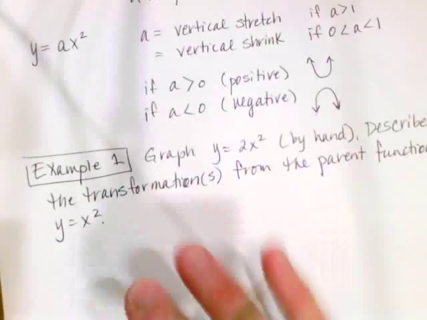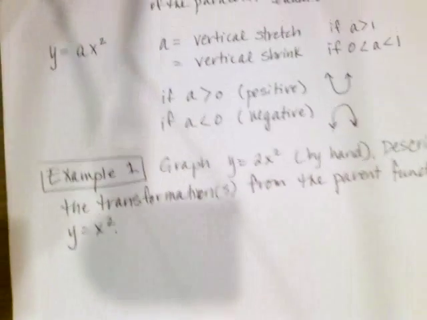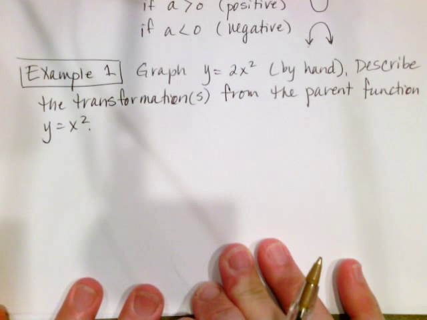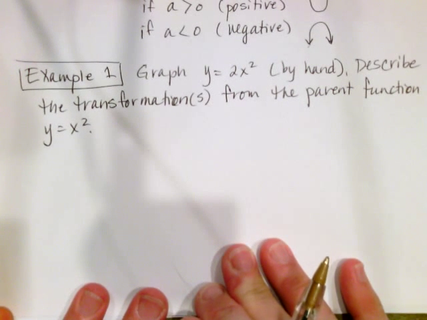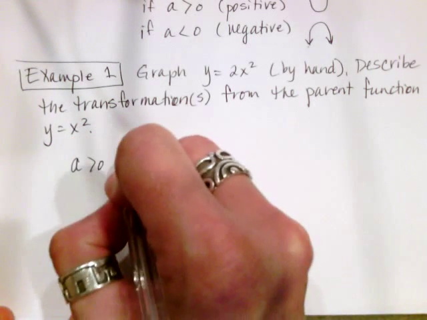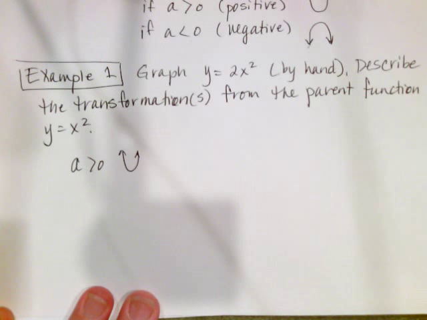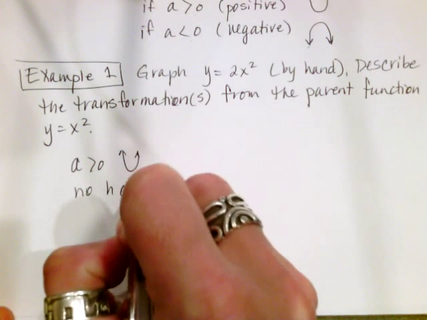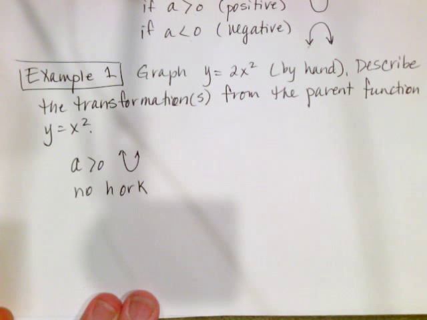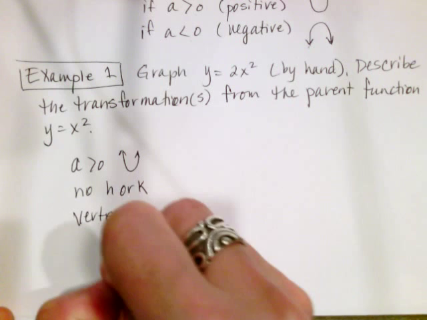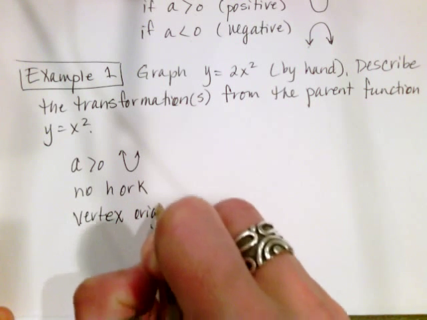To be able to graph well, I want to look at my a first. I know that a is positive, which means it's going to be going up. I don't have any translations, so I have no h or k, and we talked about those in our last chapter, which means that the vertex is going to be at the origin.